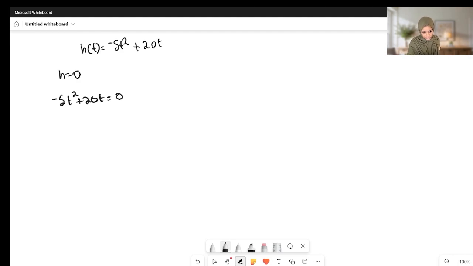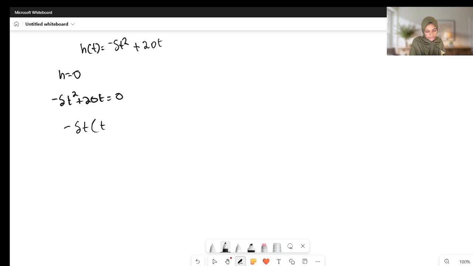Now here we can take common variables and numbers and expand this. So here we can take minus 5t common because minus 5t is in both 20t and minus 5t square. So we can take minus 5t as a common factor and expand this.